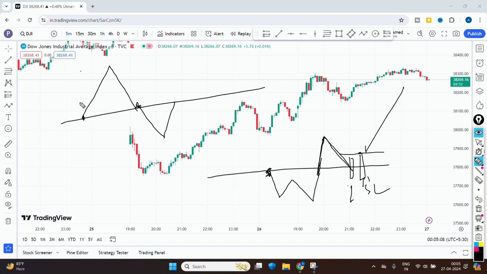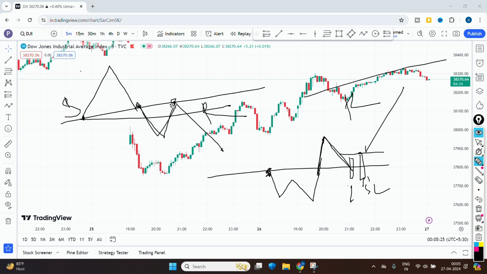The place that was acting like a support level has now become a resistance level for the recent structure, and the market can come downside from this level. So whenever support turns to resistance or resistance turns to support, it should happen with a proper swing.